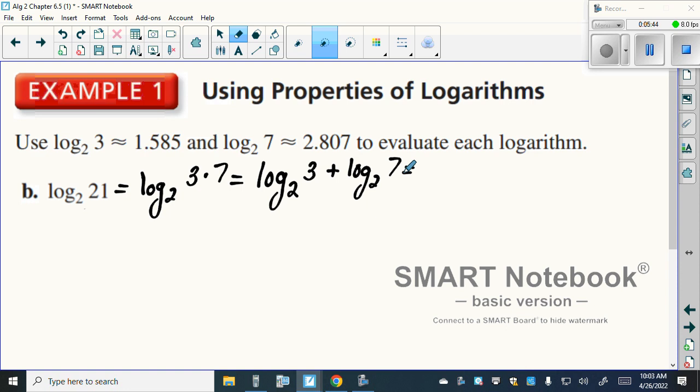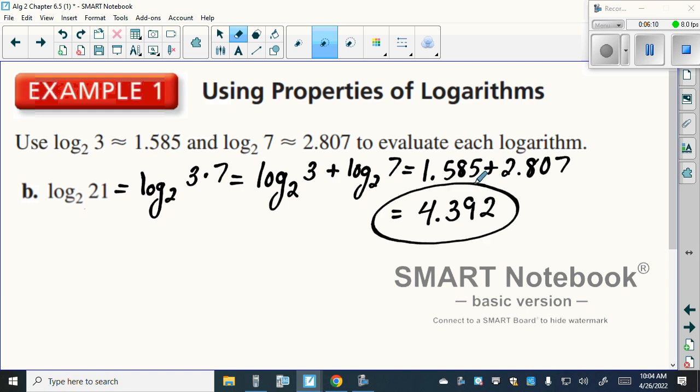Now we can use what they told us, that log base 2 of 3 is 1.585 plus 2.807. And this time we just need to add. I believe it should be 4.392.